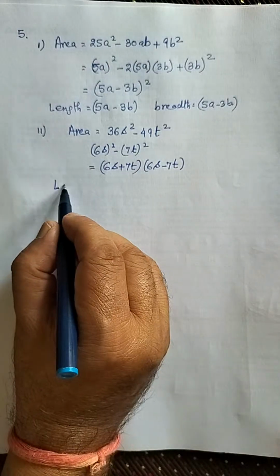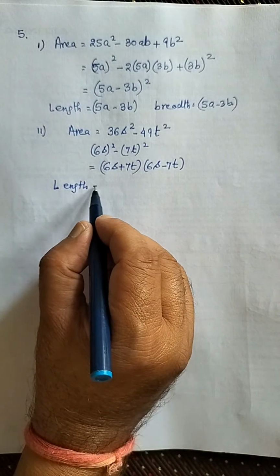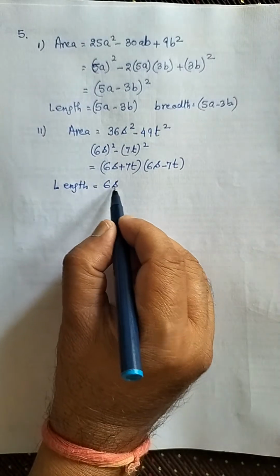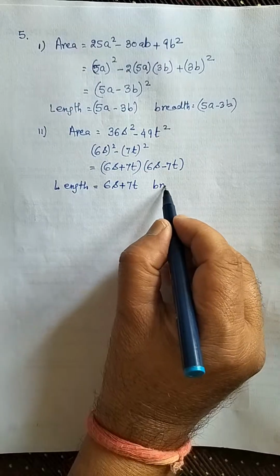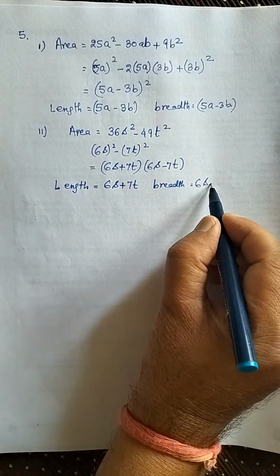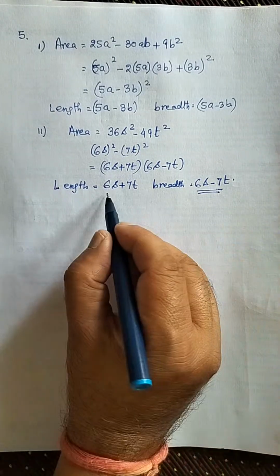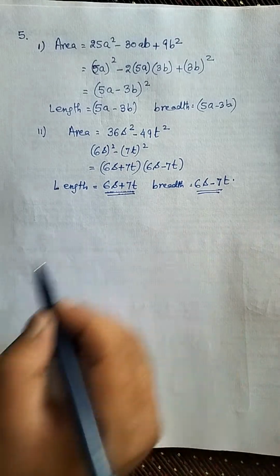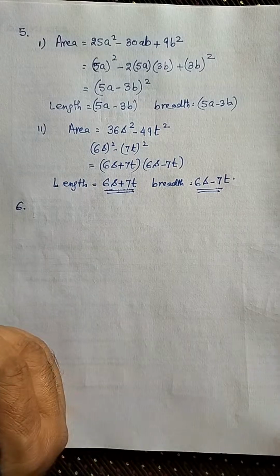So in this case, length you can take as 6s plus 7t and breadth you can take as 6s minus 7t, right? This is our answer.